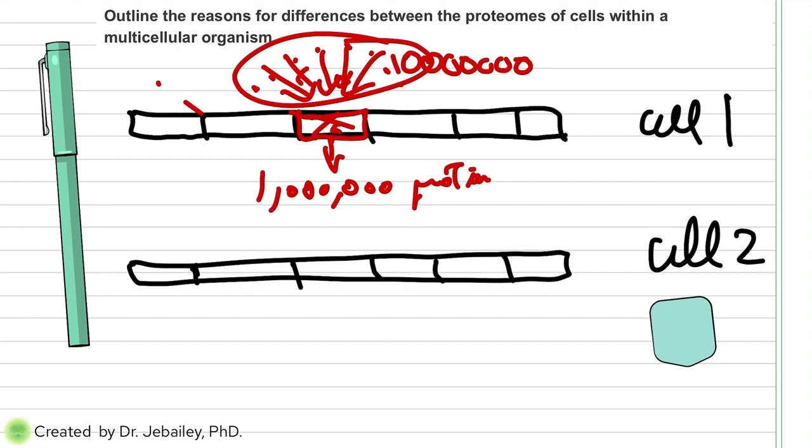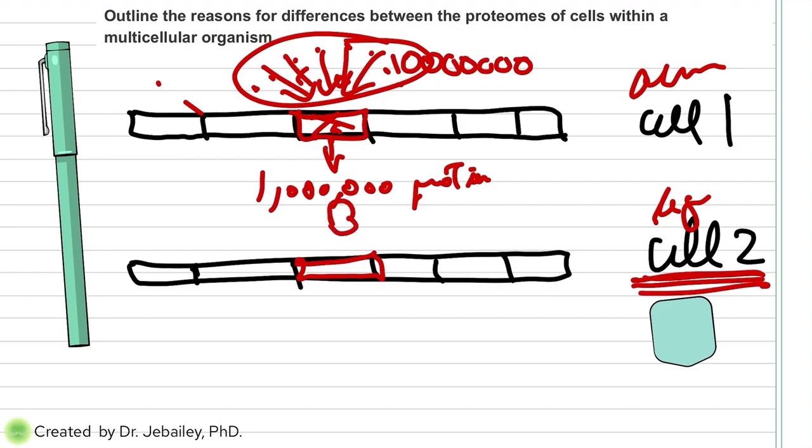And then imagine that cell 2 is located elsewhere. Let's say this is in the arm and this is in the leg. That same gene is also found on cell 2, but guess what? If this one was in the arm and decided to make protein B, this one, because it was in the leg, decided to make protein A. Different locations, different environments trigger the gene to make different types of proteins.